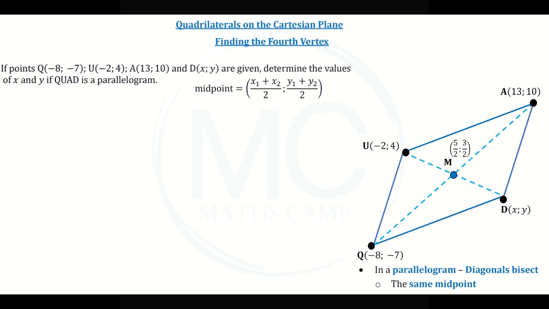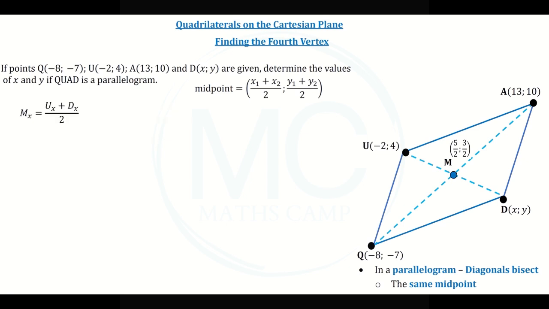Finally, we can now use the coordinates of U and the midpoint M to find the x and y coordinates of D. Let's start with the x-coordinate. We can say the x-coordinate of midpoint M, let's say Mx, is equal to the x-coordinate of U plus the x-coordinate of D all over 2.